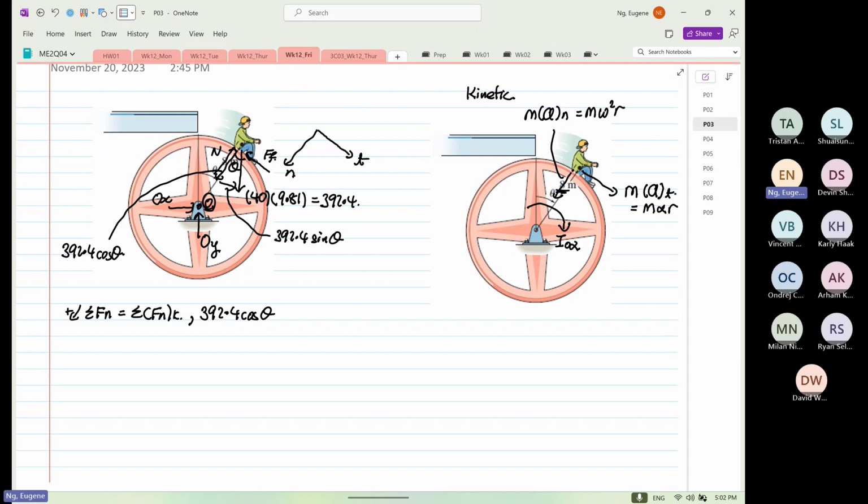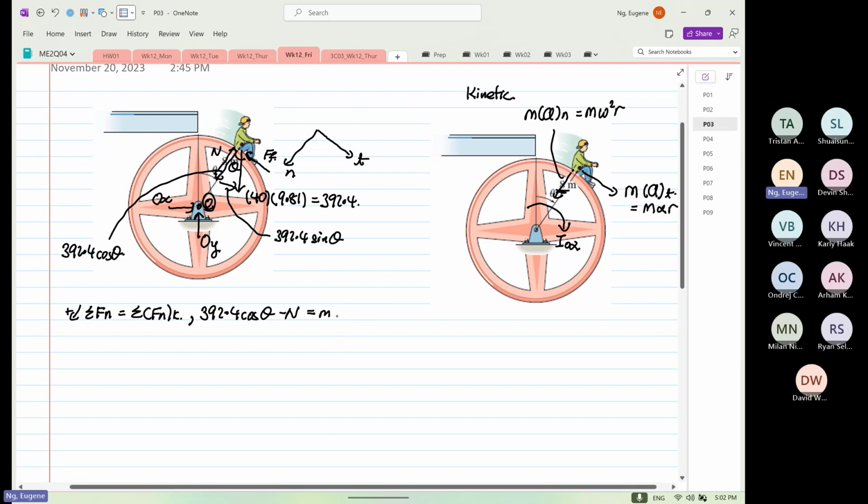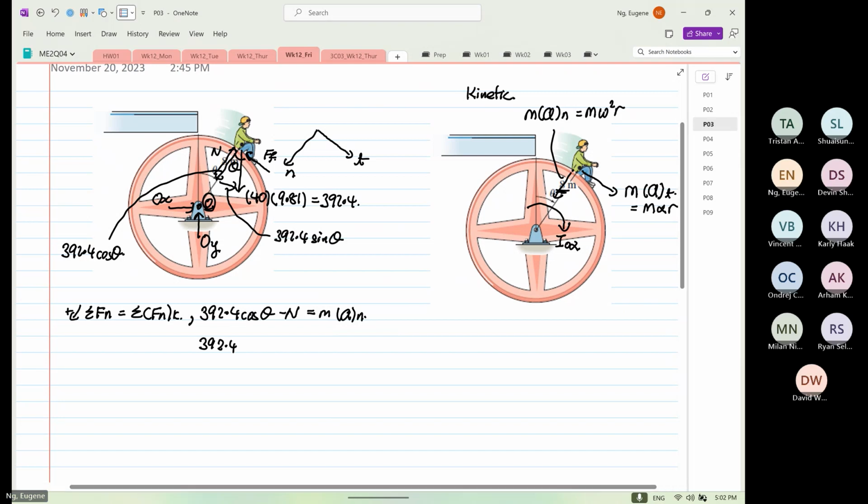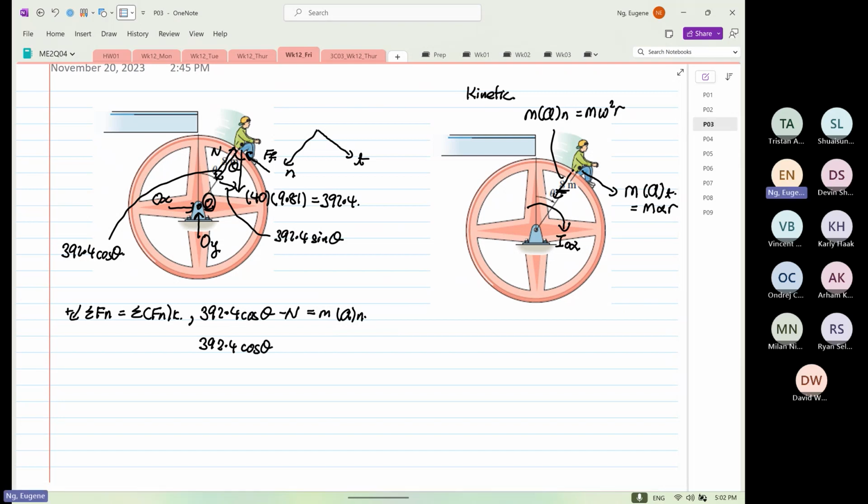And then N is pointing outwards, minus N. And this whole thing is equal to m omega squared r. Or let me write down the general formula first, a_n. So this will be equal to 392.4 cos theta minus N, mass of the boy, omega squared r.